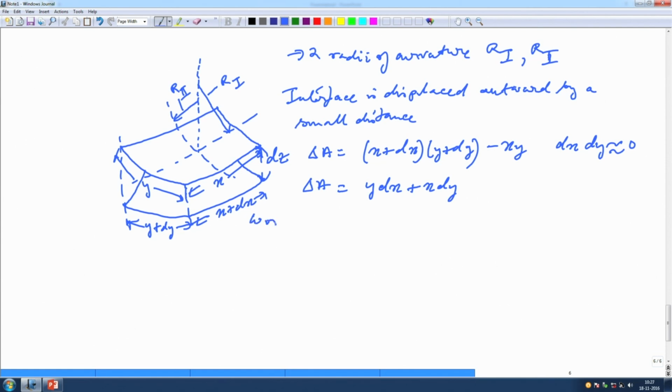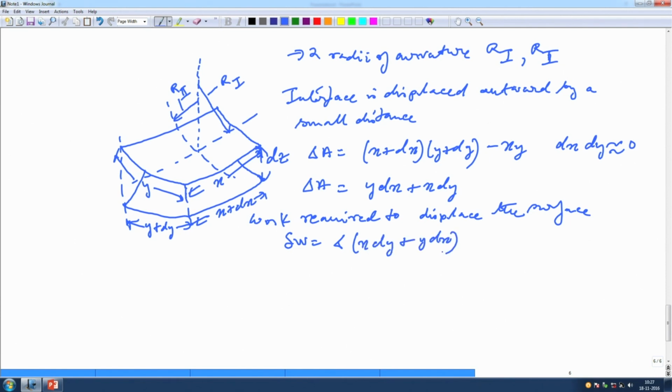So, the work required to displace the surface is basically given by delta W, and what it should be is nothing but sigma, which is the surface tension, times x dy plus y dx, correct. This is the work necessarily that is done against surface tension. So, to displace that particular amount.